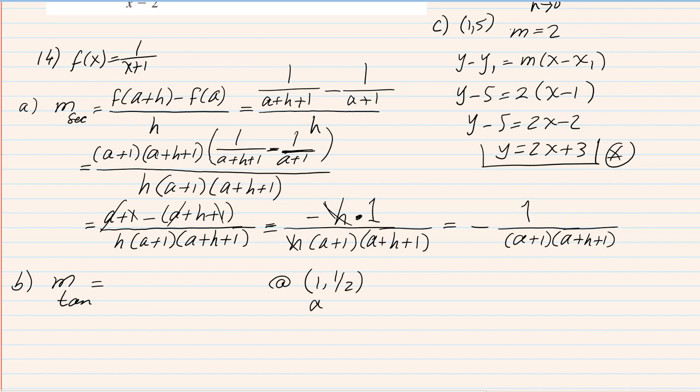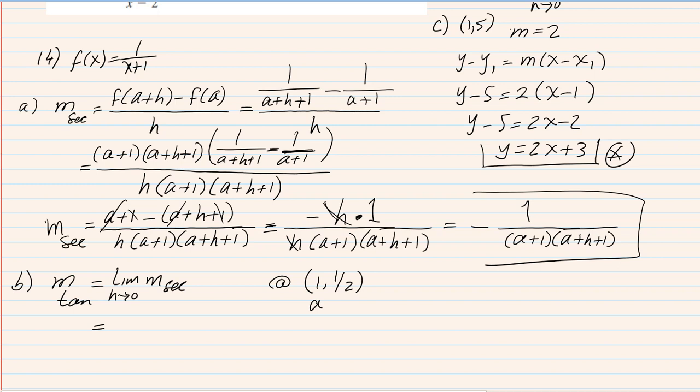This is A. So the slope of the tangent is going to be the limit as h goes to 0 of the slope of the secant, which is your difference quotient. It's easier for me to write it this way. And remember, we have the slope of a secant, right? We just found it in part A.